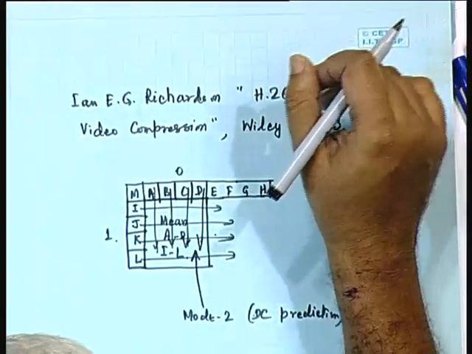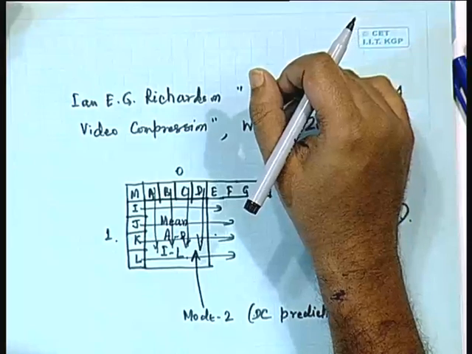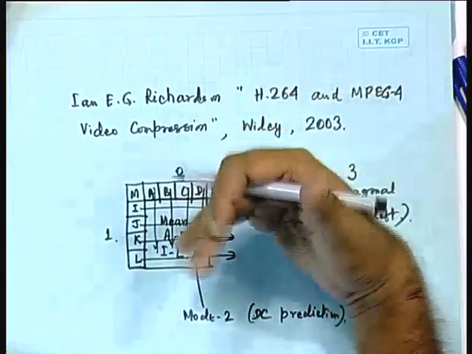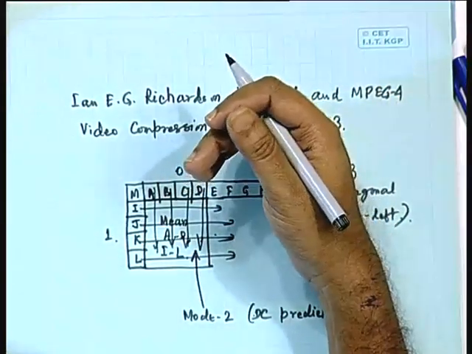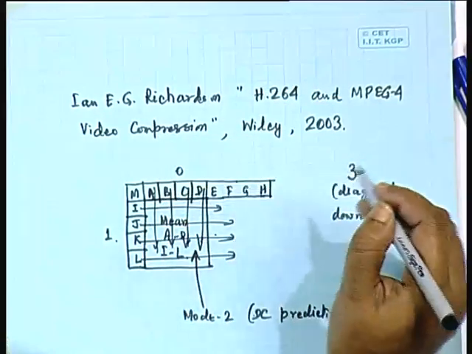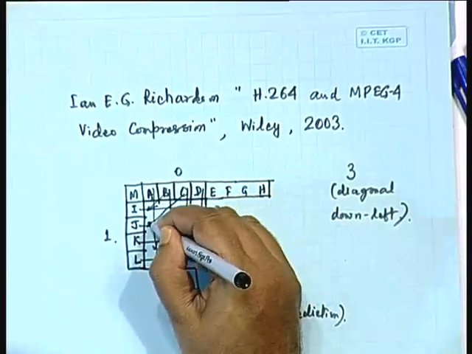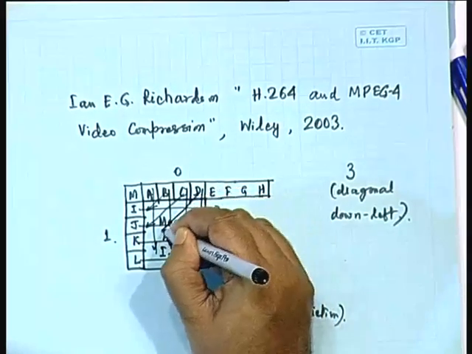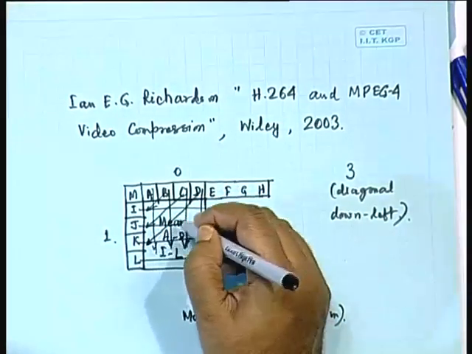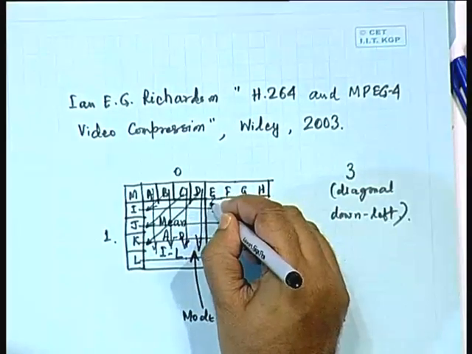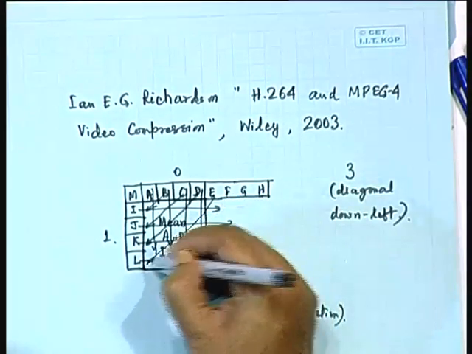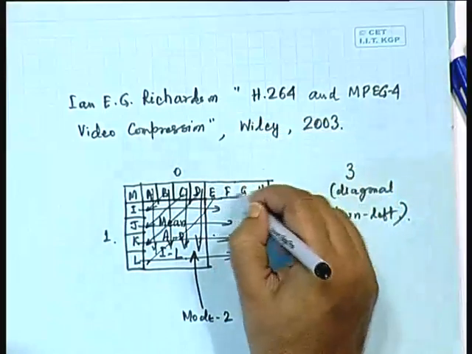So, how can we have directional propagation of diagonal down left? What is being done is that in that case B comes here, C propagates along this, D propagates along this, E propagates along this. So, this is where the pixel E would come into the picture.